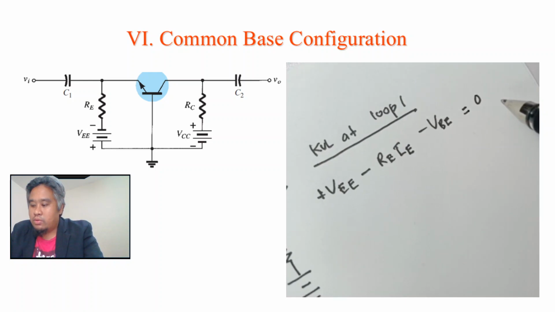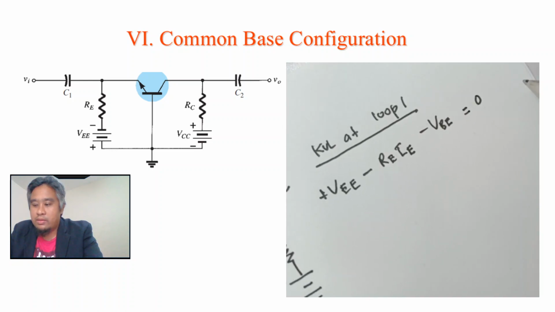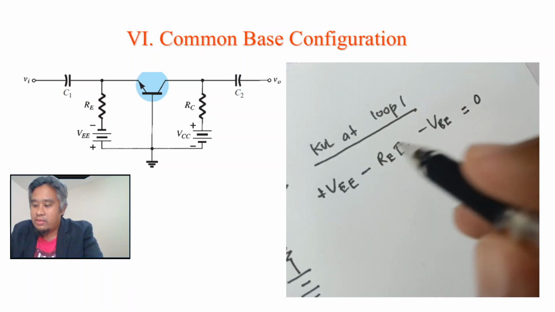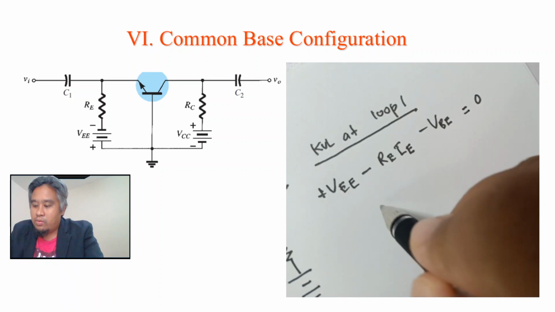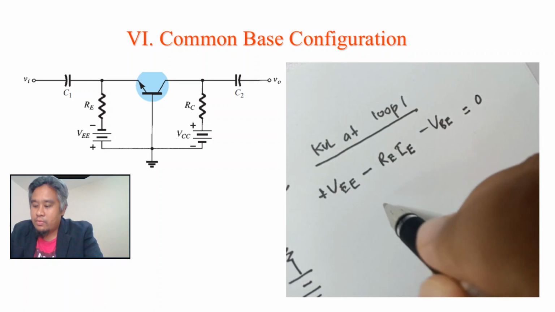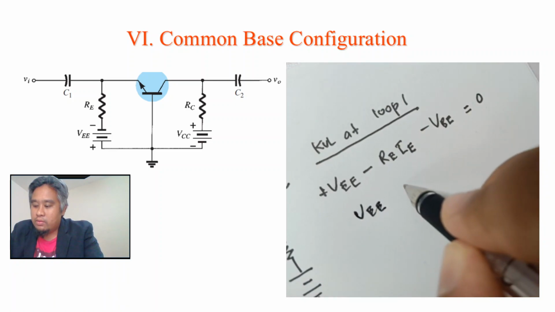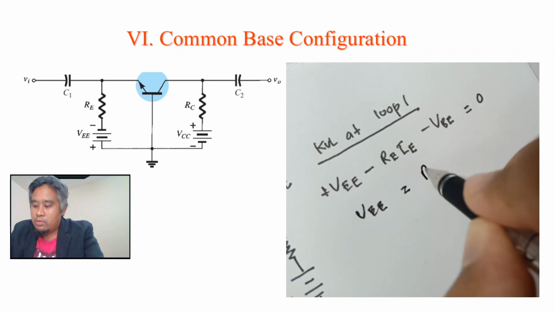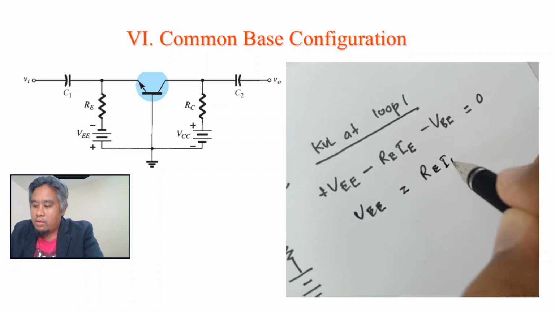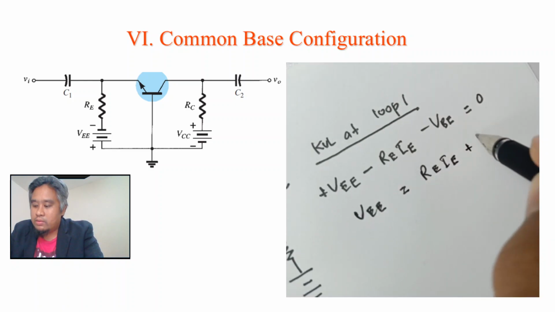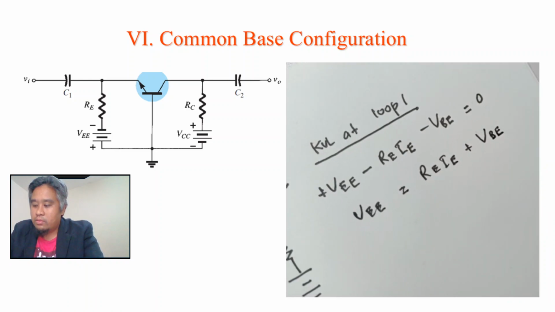Based on this, what we can find is the IE. We have VE equal to RE IE plus VBE.